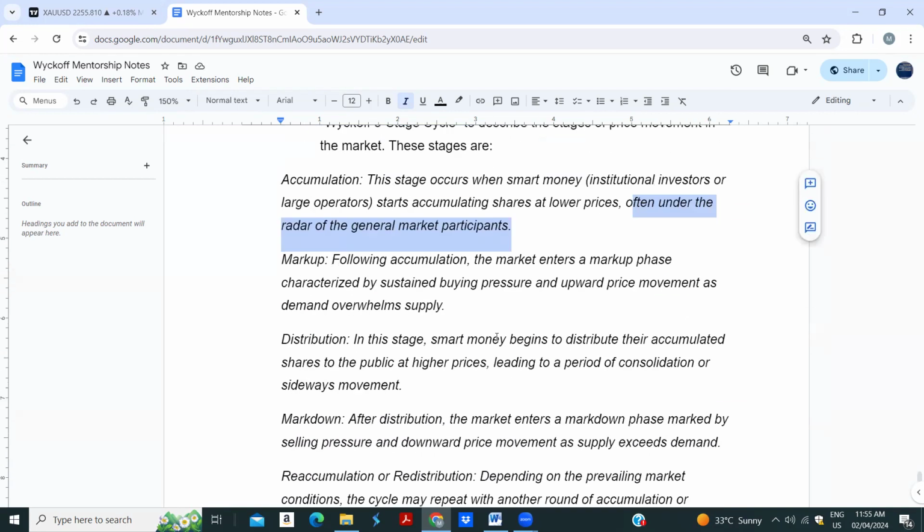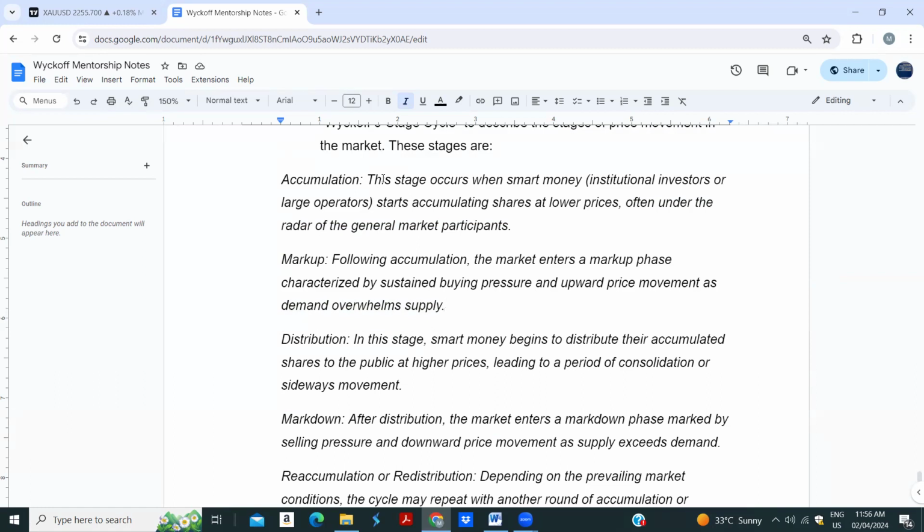Now, markup. Following accumulation, the market enters a markup phase characterized by sustained buying pressure and upward price movement as the demand overwhelms the supply. In the accumulation, supply and demand are equivalent.